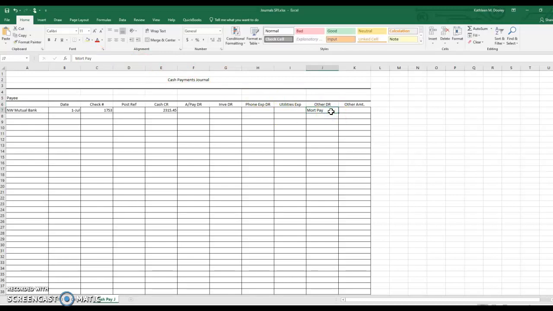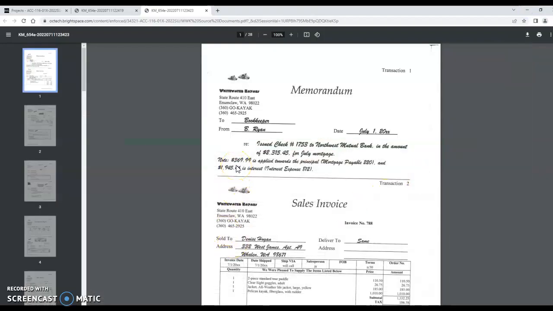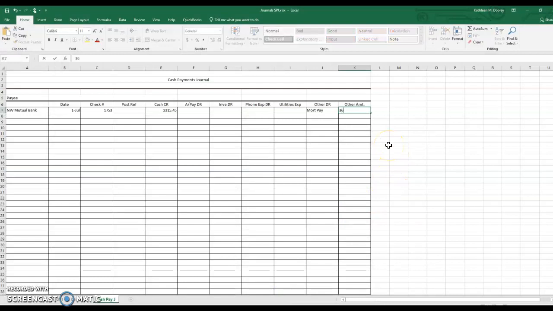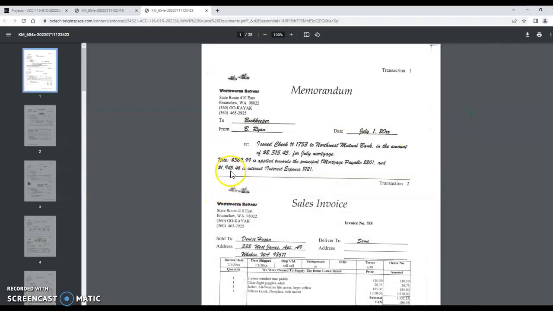So everything should be a debit, unless it's not, then we would type in credit. Okay, so that amount is $369.99. And we're going to also have an interest expense being debited, and that amount is $1945.46.